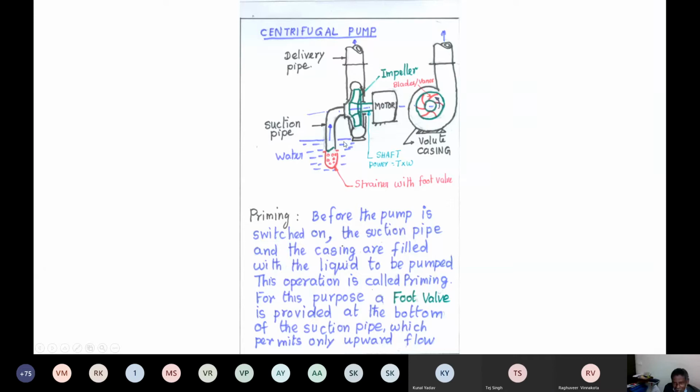Okay, so it doesn't work. You'll find that proper suction is not there. In one case it is air, in the other case it is filled with water. So the suction head developed will be a function of the liquid, because when it rotates at a particular speed, it will produce a particular amount of head.